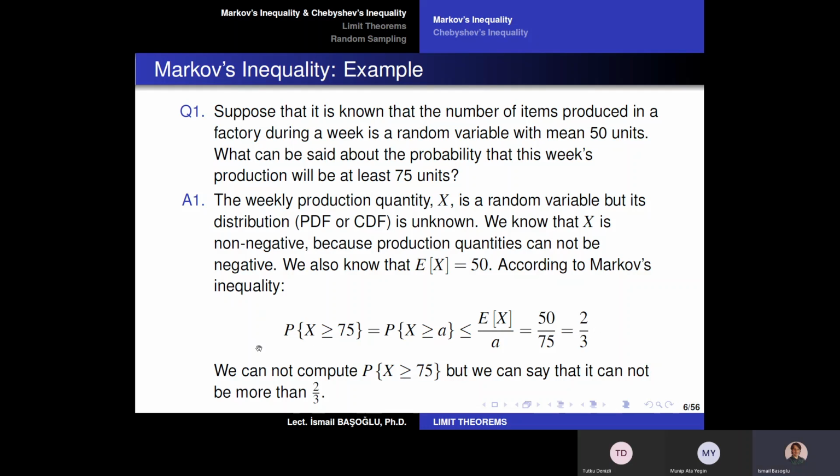So I cannot compute that probability, but I can say that it cannot be more than 2/3. Okay, so Markov's inequality basically helps me identify an upper bound for the tail probabilities of non-negative random variables. So we can only say that 2/3 is the upper bound for that probability. That probability is less than or equal to 2/3.